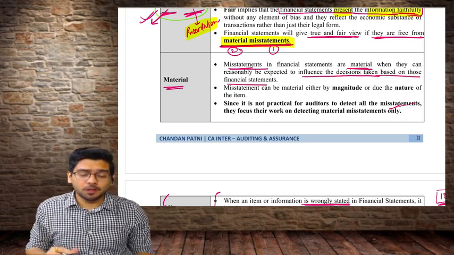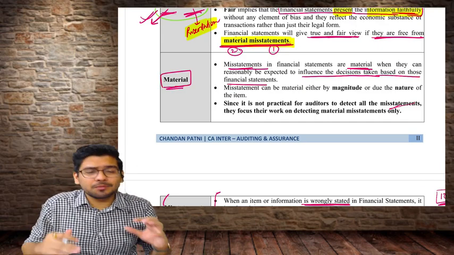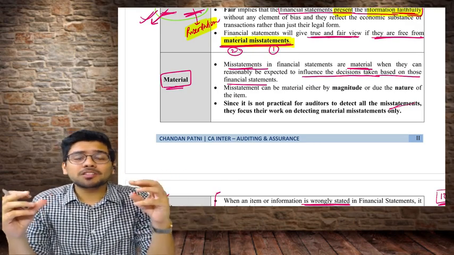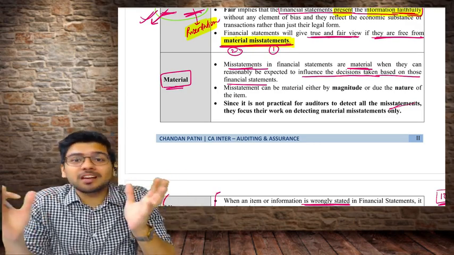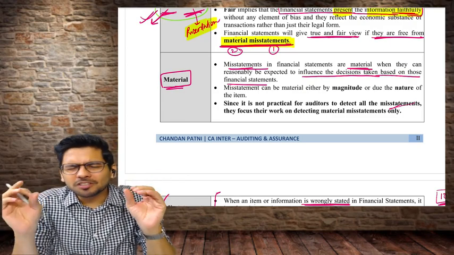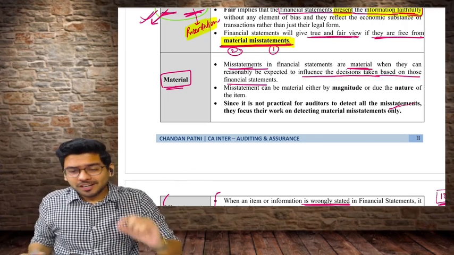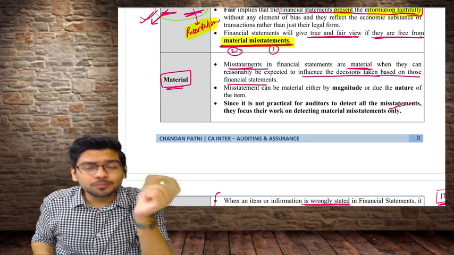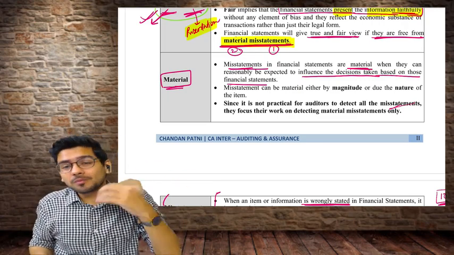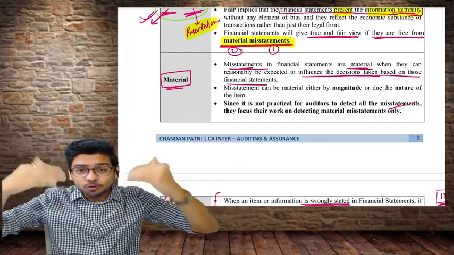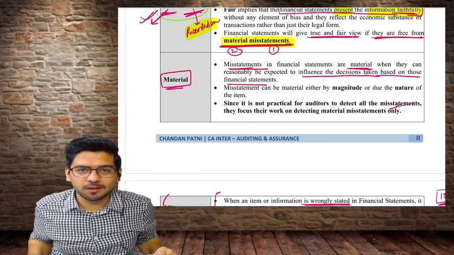If I go by layman's language, material means something which is of significance, something which is really very important for the organization. It is so important that if this particular item is misstated, it may influence the decisions which the users make from the financial statements.